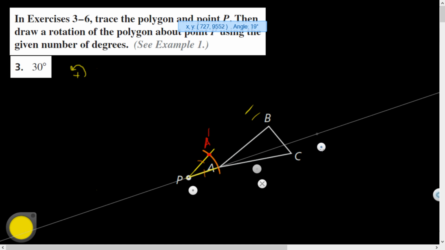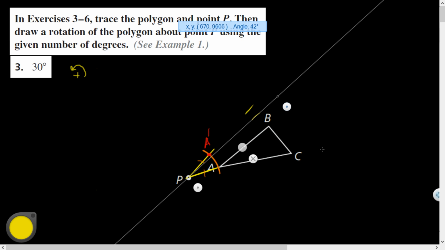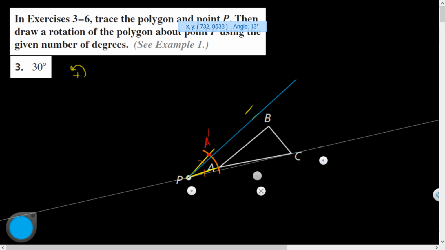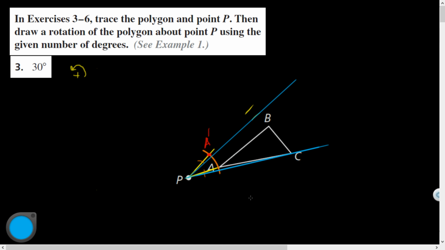This line right here should form a 30-degree angle with the line that would have been PC. And I'll just draw it out like that. And I'll draw this one as well. I suppose if I drew this straight edge the first time, that would have been helpful as well. So here's my 30-degree angle, but now I need to mark somewhere on this blue line the same distance as PC.